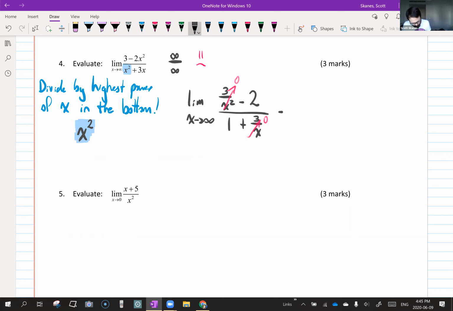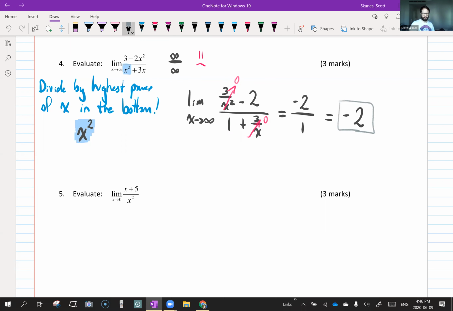And what ends up happening is I have -2 on top and 1 on bottom, which is exactly what Ibrahim said. The final answer is -2. The limit is -2. And if you wanted to, if you graphed that, you would see it as well. All good?